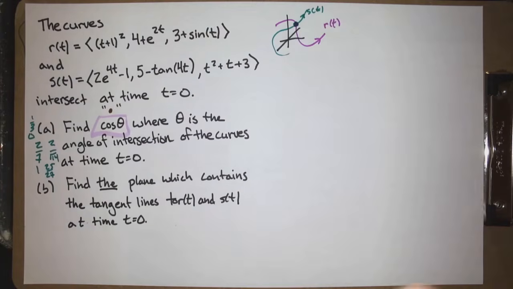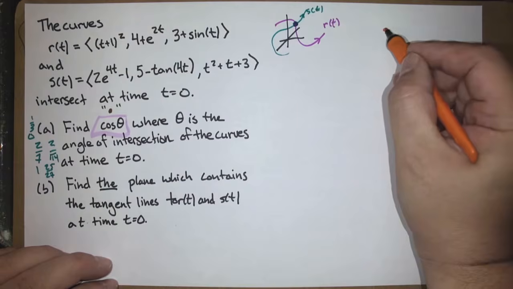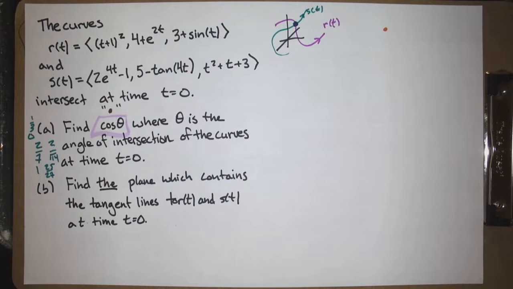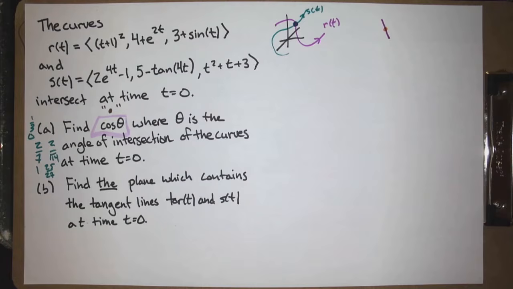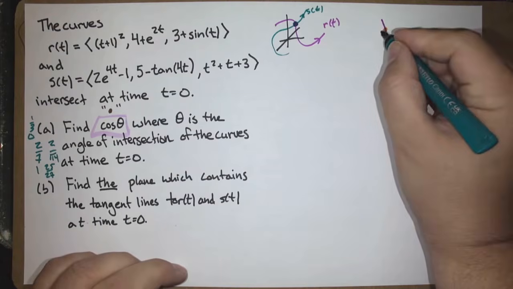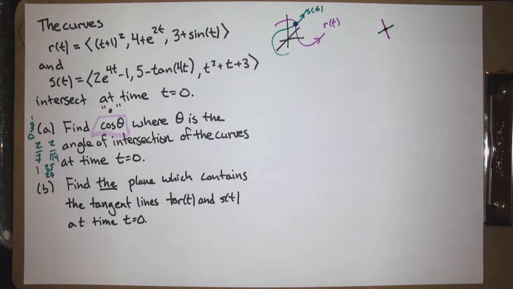So when we're talking about angles, instead of thinking of it in this fashion, we should think of it as if we zoomed in. Now I have to remember what colors I used. If we zoomed in, we'd see it would look very much like two intersecting lines. This is us zoomed in.